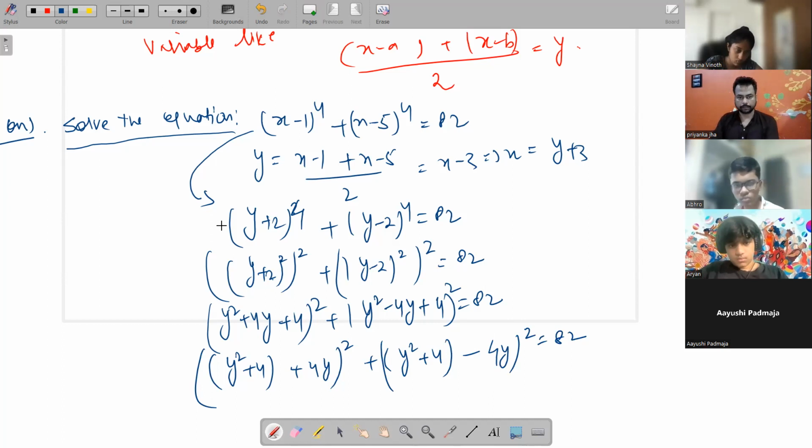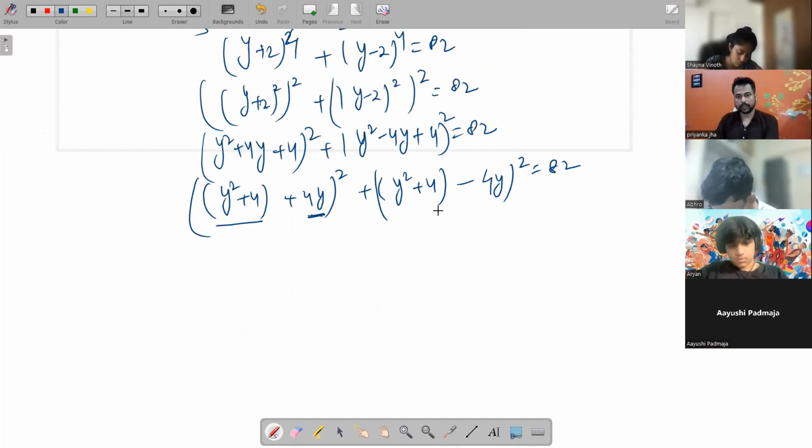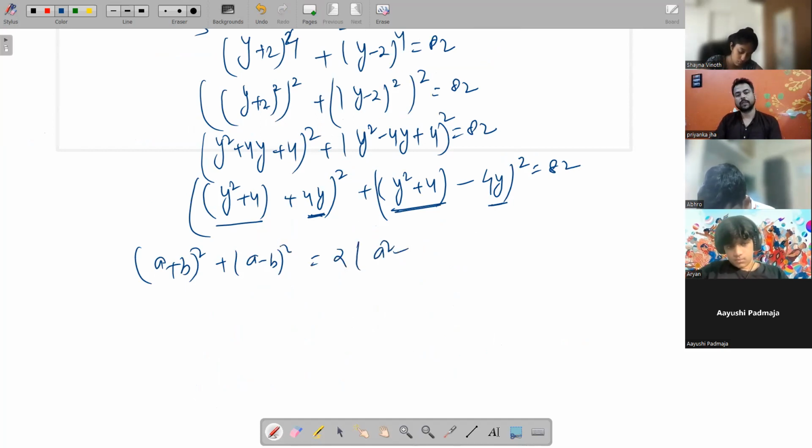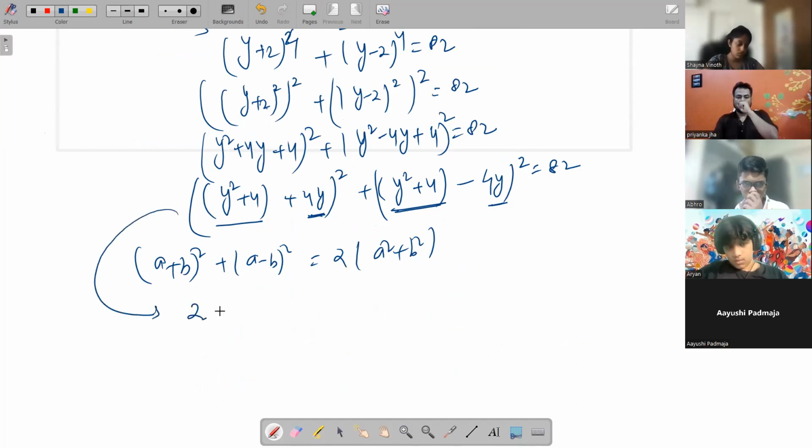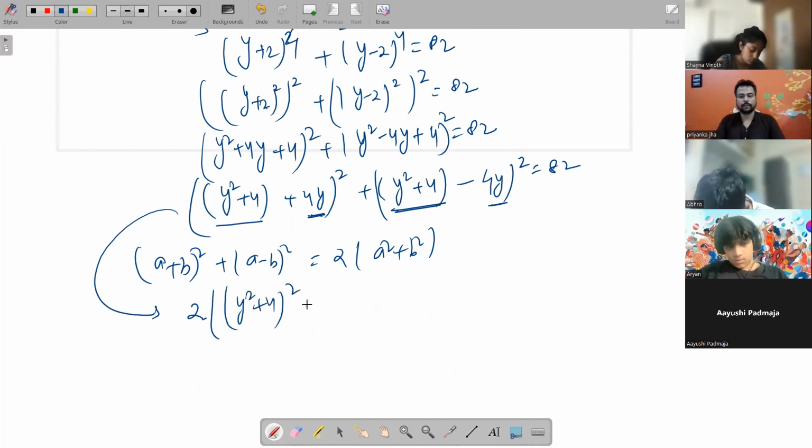Now you can see this is a plus b and a minus b. So there is a formula: a plus b whole square plus a minus b whole square is 2 times a square plus b square. So you can write this as 2 times a square, that is y square plus 4 whole square, b square is 16y square.